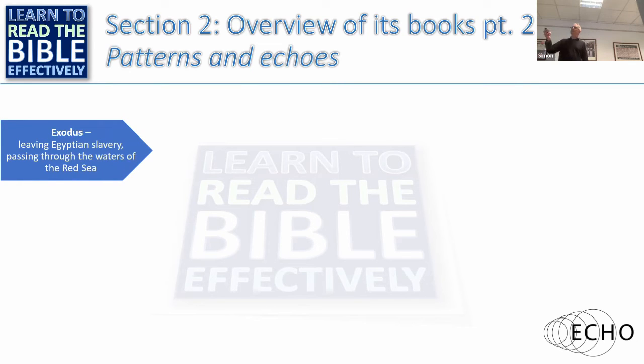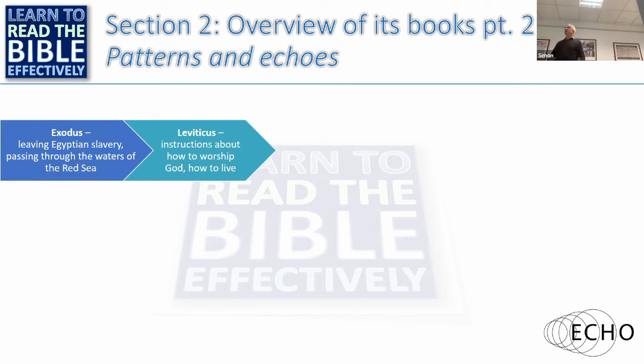Exodus is when they left the Egyptian slavery and passed through the waters of the Red Sea, and they came out of Egypt. Leviticus talks about the instructions, how they should worship God and how they should live.